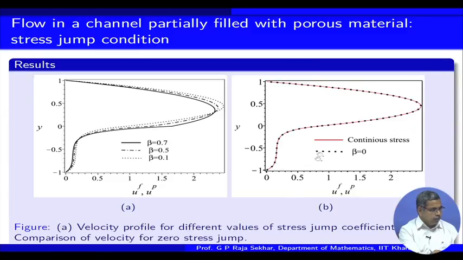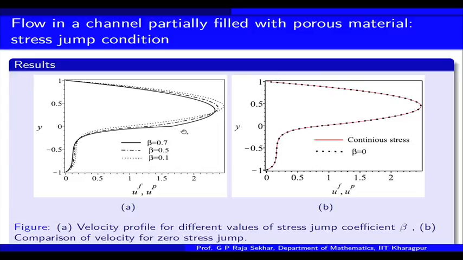Let us look at the analysis. Here, beta controls in some sense the momentum transfer across the boundary. The role of beta is more prevalent at the interface. For large beta at the interface, you can see the momentum transfer is more, and therefore you have high velocities.